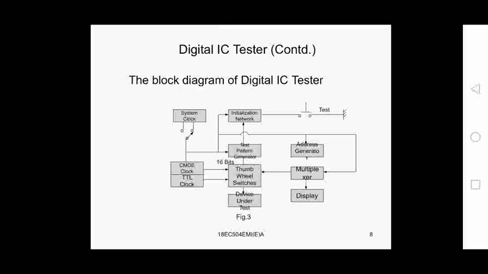On these thumb wheel switches base, you have to place the IC under test, and you will be having the test pattern generator, which will generate different test patterns for different types of tests as per the manufacturer's test code chart.